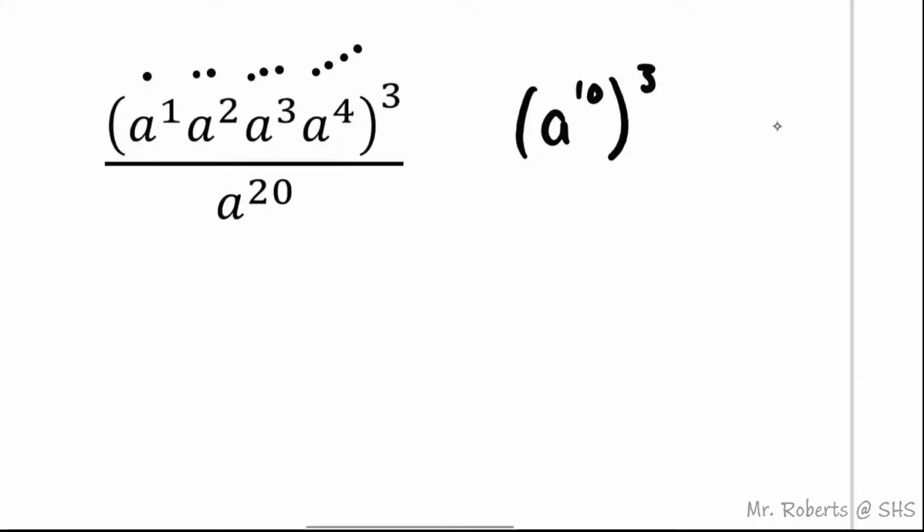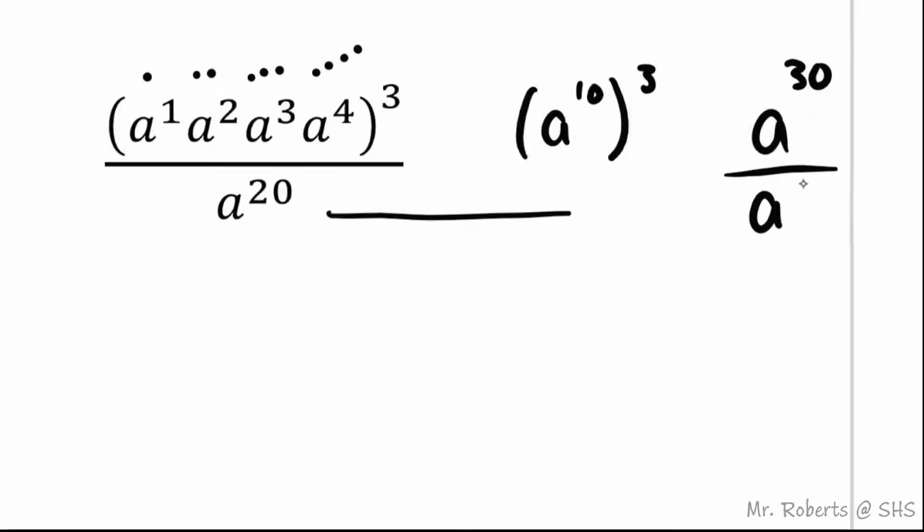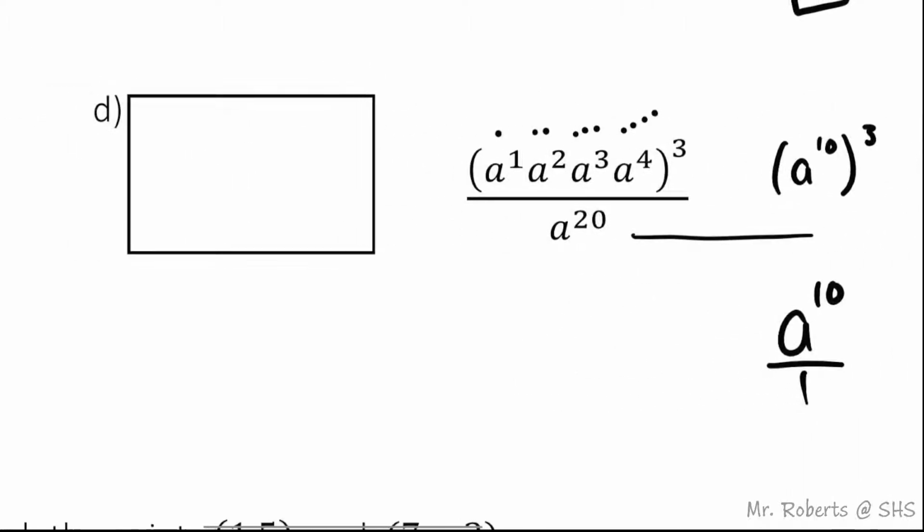So this is going to become a to the 30th power. In my denominator, I have a to the 20th power. And yes, 30 factors of a over 20 factors of a simplifies to just a to the 10th power over 1, right? Or I could just say that's just a to the 10th.